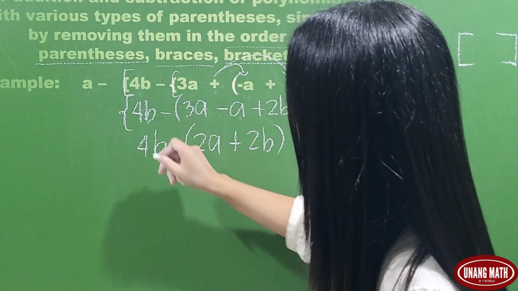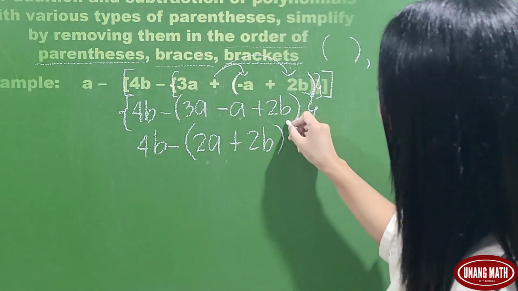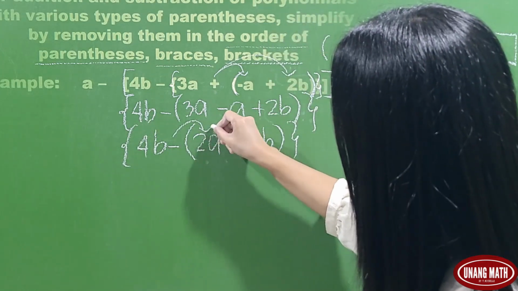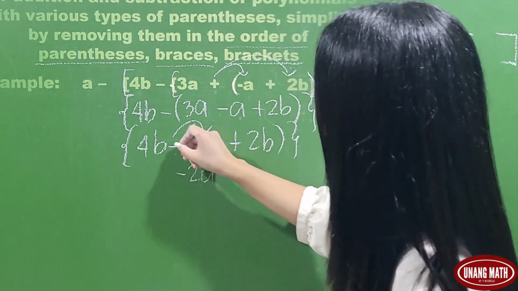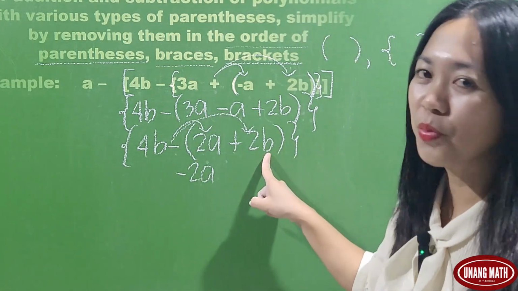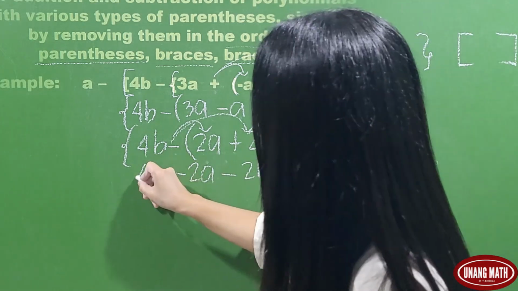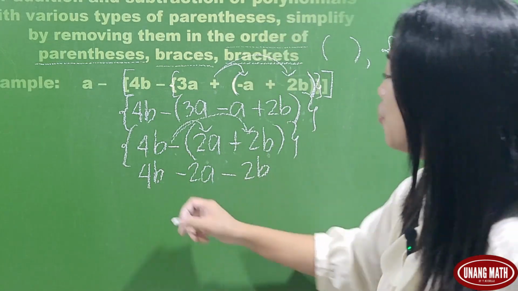So this is 4b minus this expression, 2a plus 2b. Distributive property: negative times a would be negative 2a, and negative times 2b would be negative 2b. So this is now 4b minus 2a minus 2b.